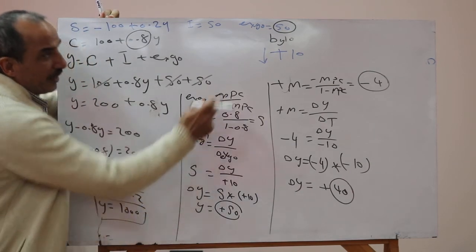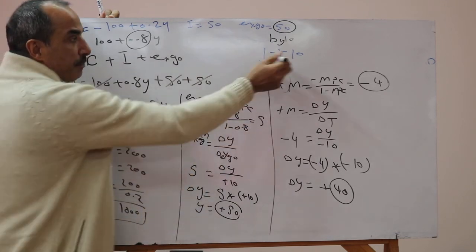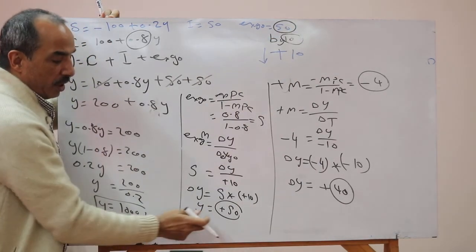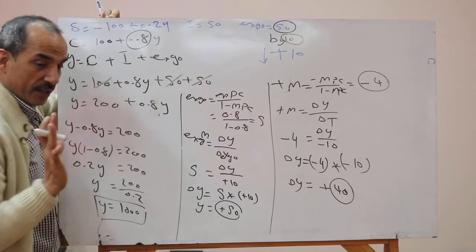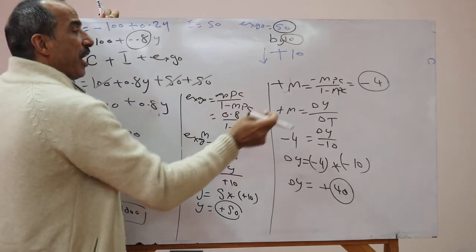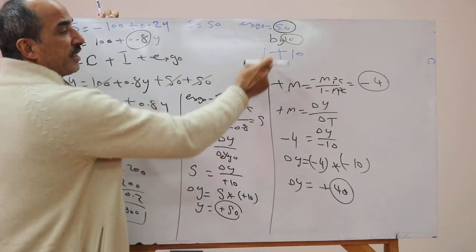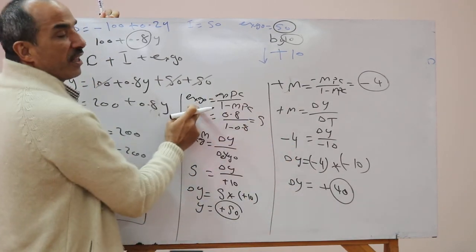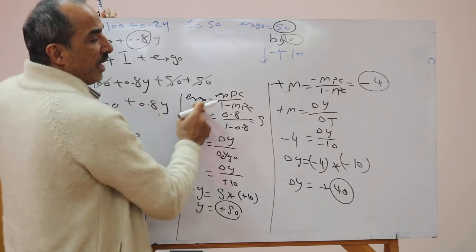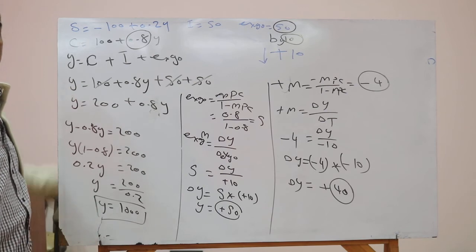And when we increase the government expenditure by the same amount, the national income increased by 50. That means the effect of government expenditure on income is more than the effect of taxes on national income. Why? The multiplier of government expenditure is more than the tax multiplier by 1.